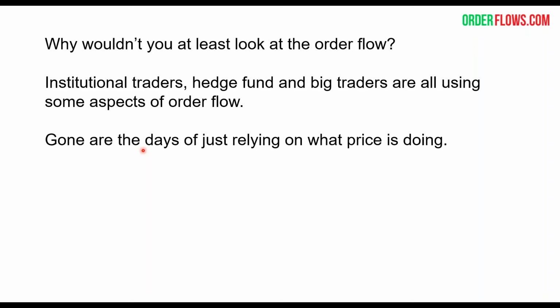Because what order flow really is, is the most up-to-date information of what's happening in the market. Gone are the days of just relying on what price is doing. Sure, you can still trade price action, but why limit yourself? Expand your repertoire by adding more information that's going to help you as a trader.